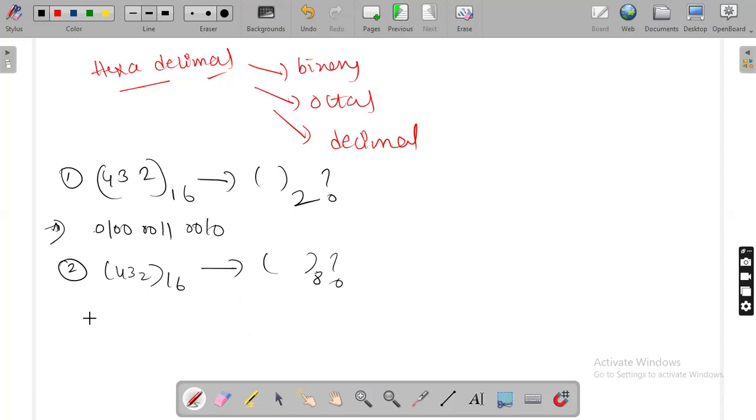So 432 in hexadecimal style is, I already wrote, 0100. Next 0011. 2 means 0010. Now divide it to convert into octal, which means 3 bits division. 3 bits, 3 bits, 3 bits and 3 bits. Perfect.